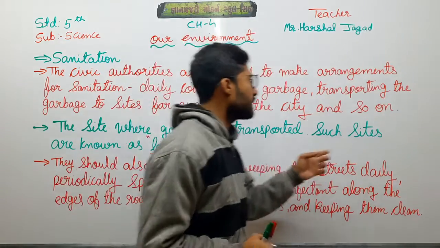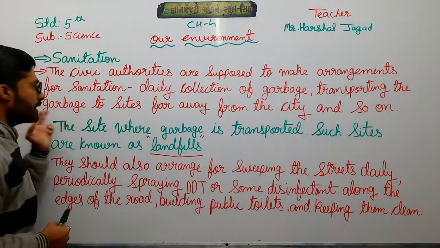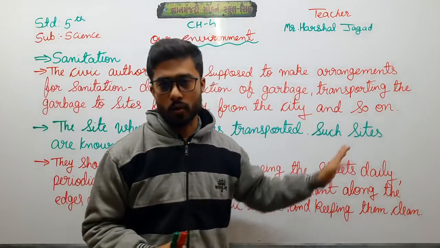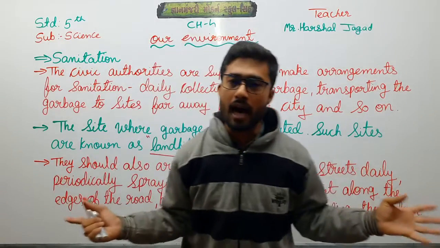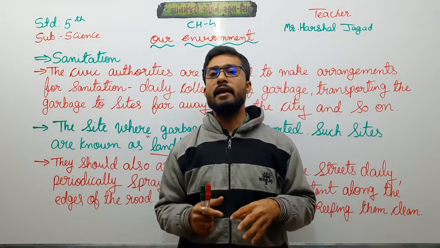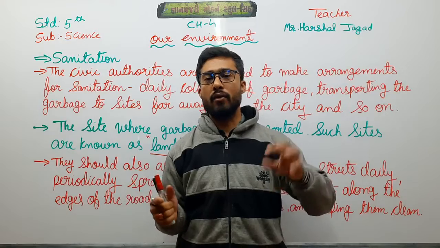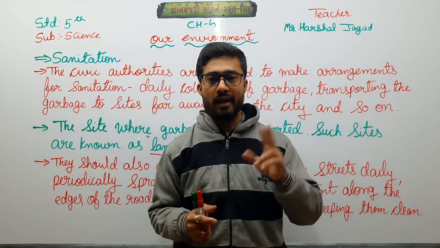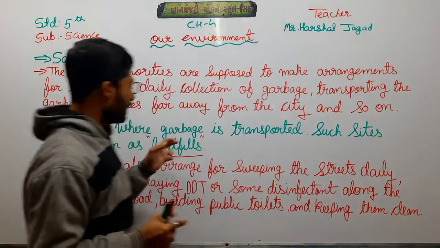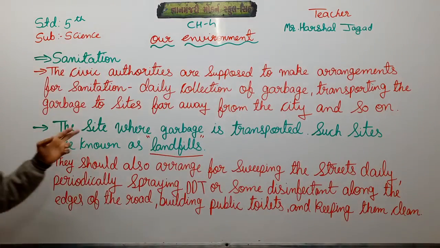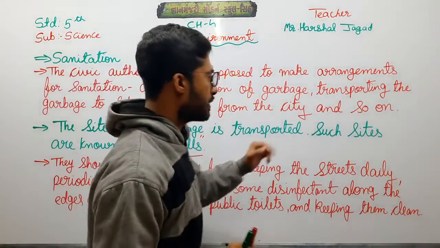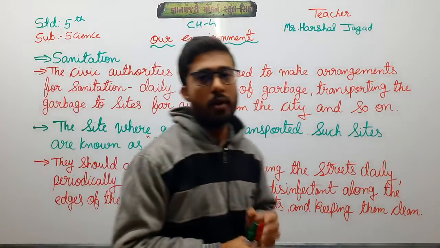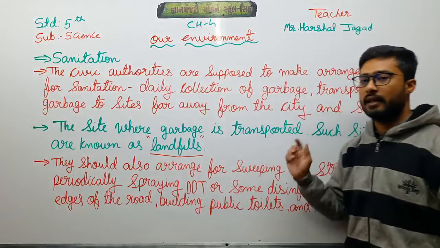Then they transport the garbage to sites far away from the city. The site where the garbage is transported, such sites are known as landfills. Okay, they are known as the landfills.